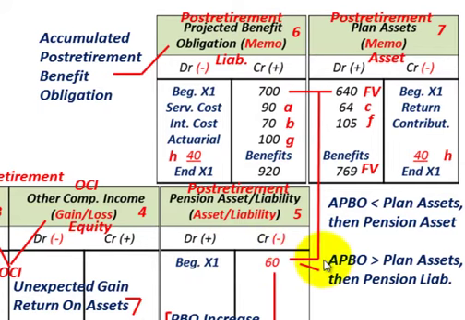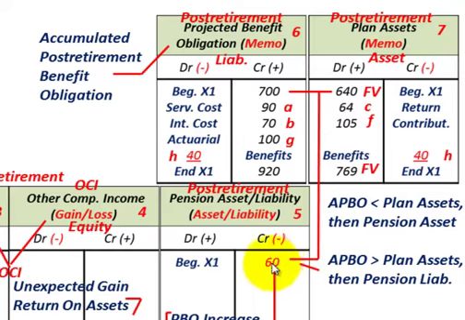Well, in the case where our accumulated post-retirement benefit obligation is greater than our plan assets, then you're going to have a pension liability. So you've got to follow these guidelines. So this is the case where we've got the pension liability. The post-retirement benefit obligation of $700,000 is greater than our plan assets, $640,000. So the difference is going to give us a reduction in our post-retirement asset account of $60,000.